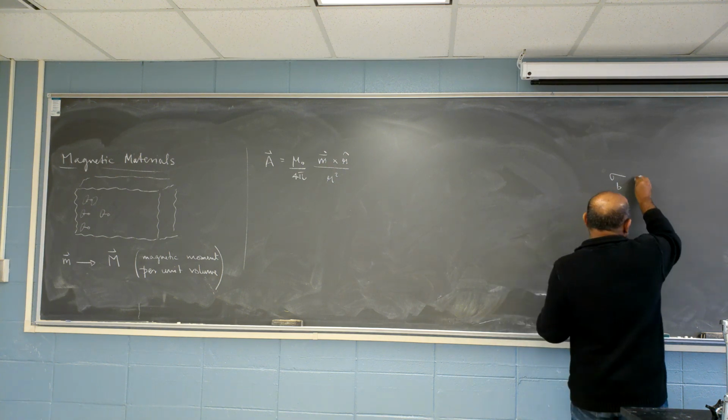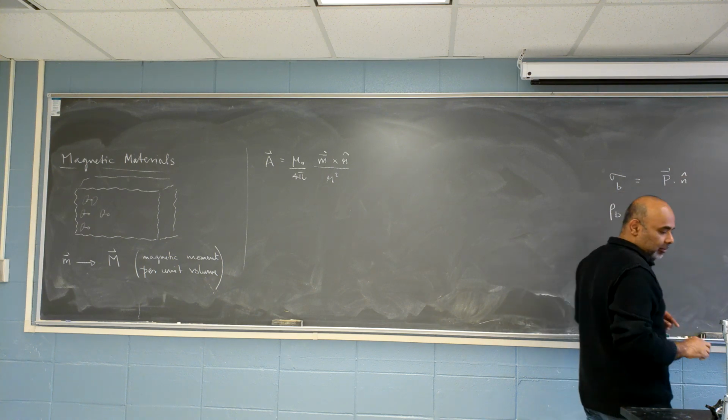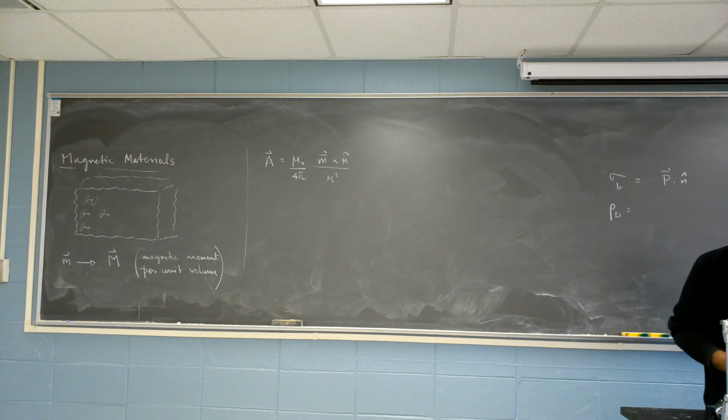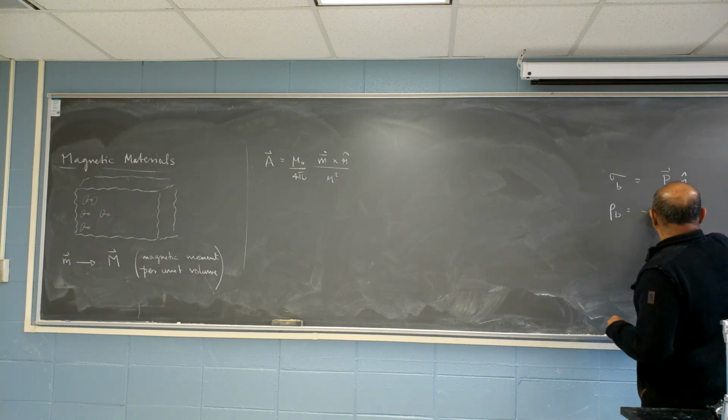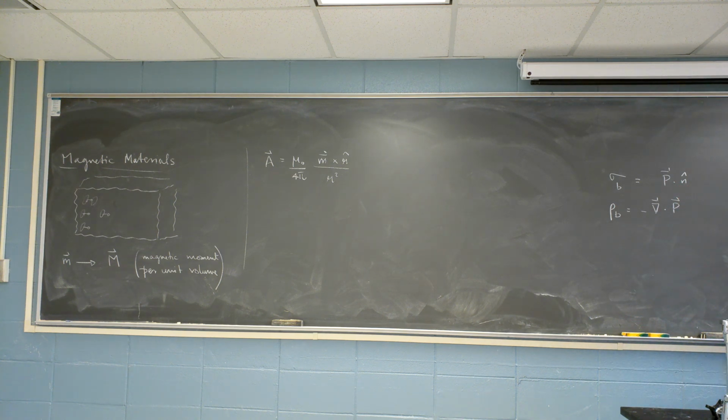And that was, if you recall, I think P dot N, and the divergence of P. So if P is given to you, you could find the surface charge density and the volume charge density of these bound electric dipoles. And using the old potential formula, you could just find the electric potential or the electric field.